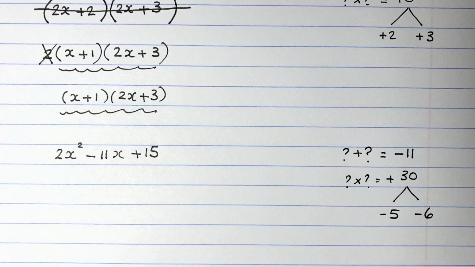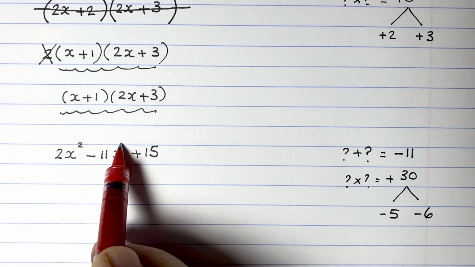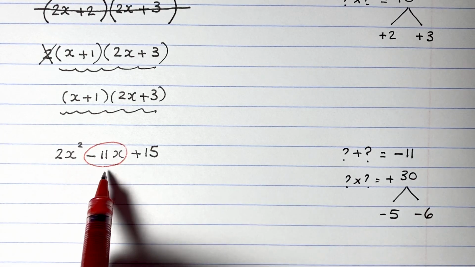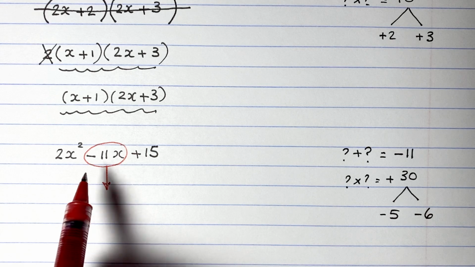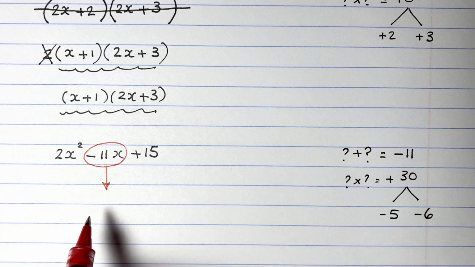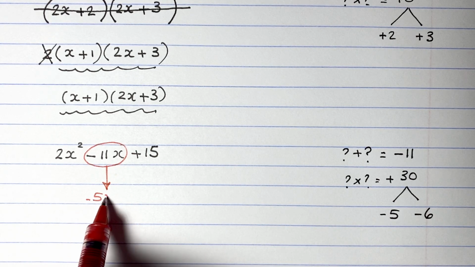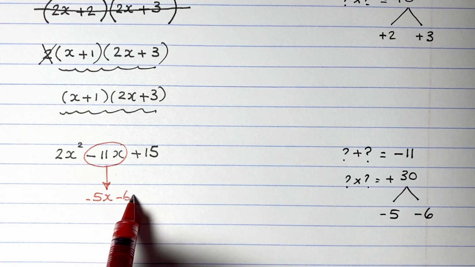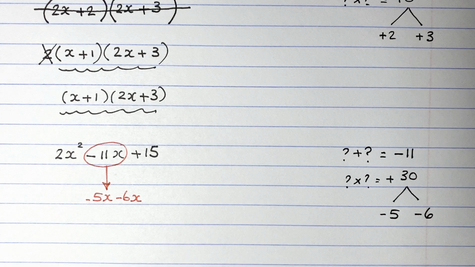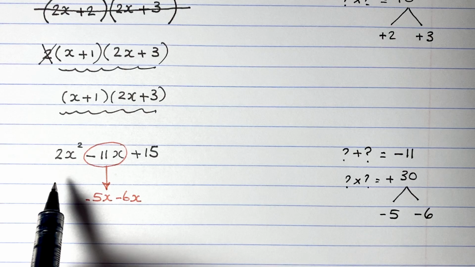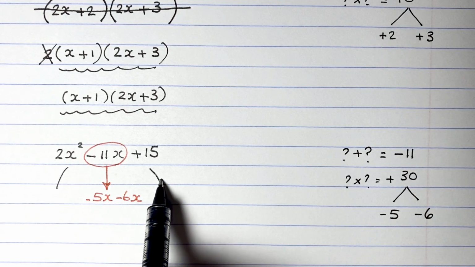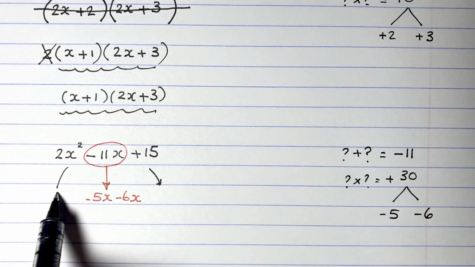So here, we need to split our minus 11x into minus 5x minus 6x. You see, no part of this method is incorrect. Each line follows the other line mathematically correctly.